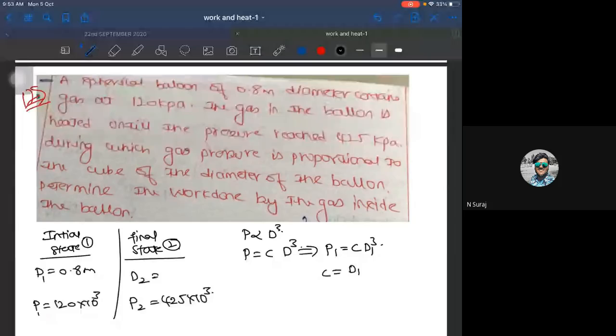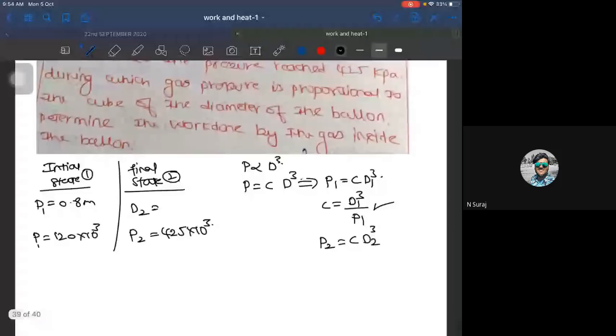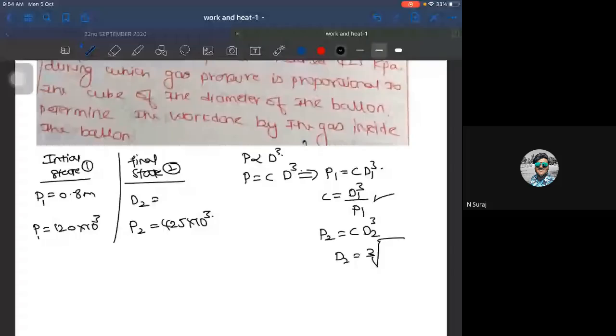From this we'll get the value of C. Later, P2 is equal to C times D2 cubed, and from this D2 is the cube root of P2 divided by C. Anyway, you will be calculating the value of C, and from this we'll get the value of D2.